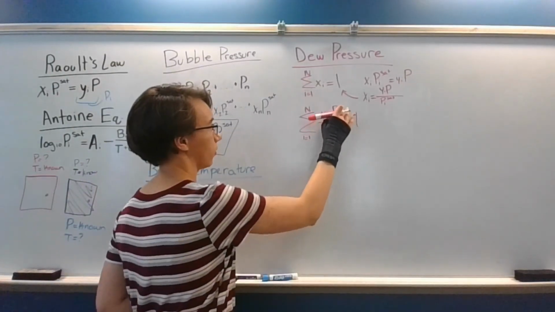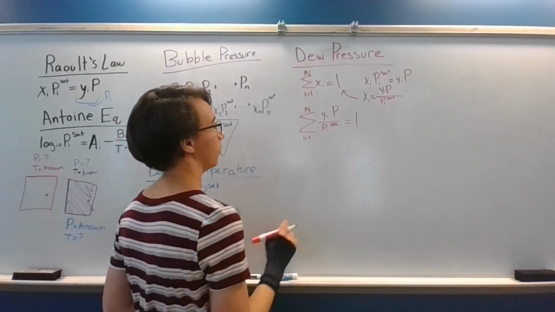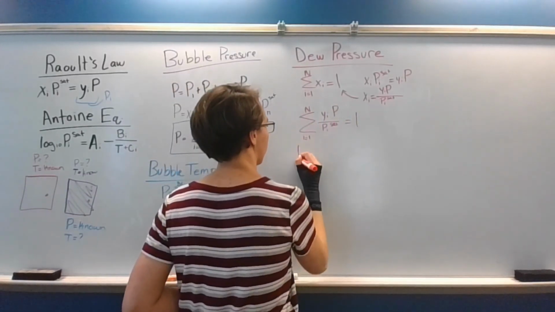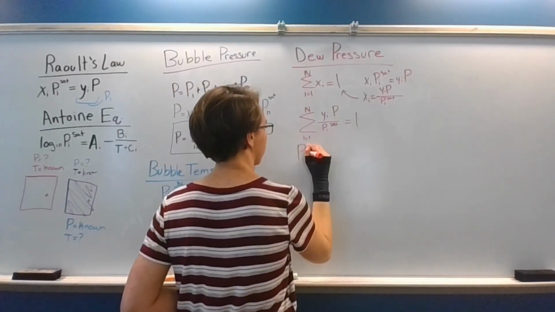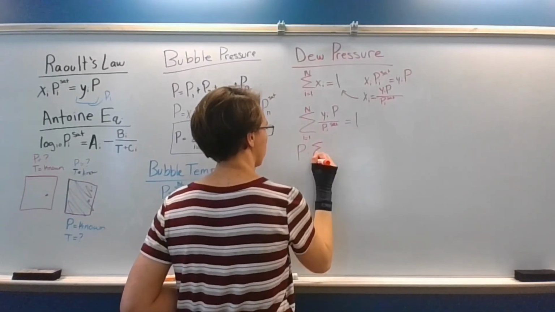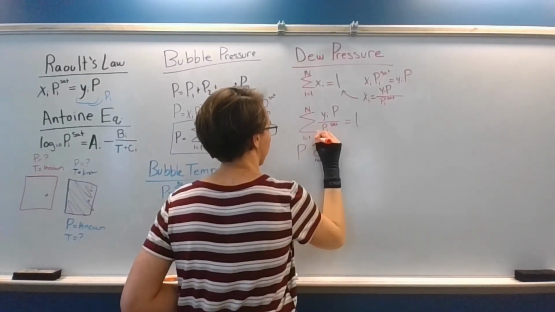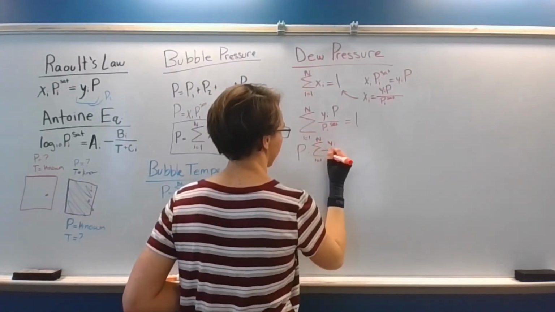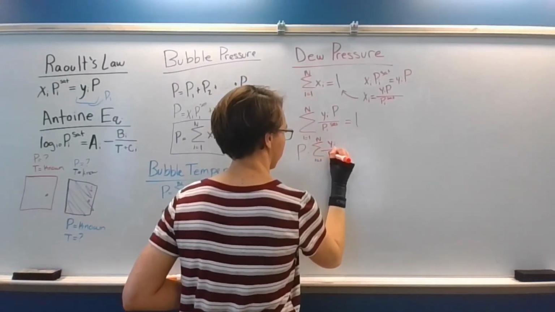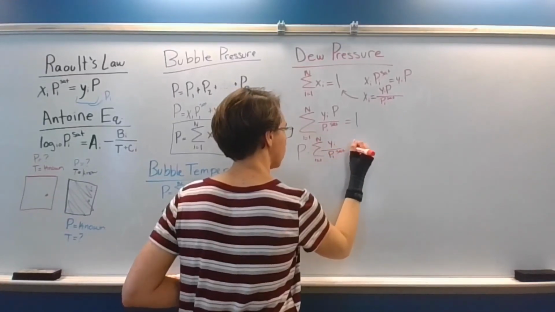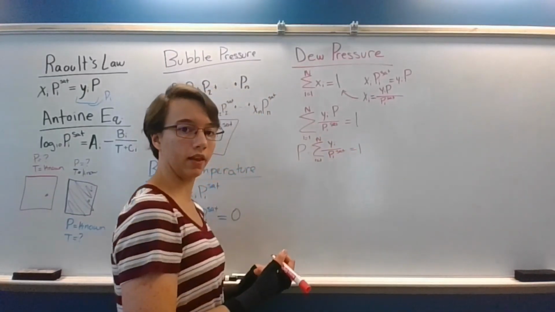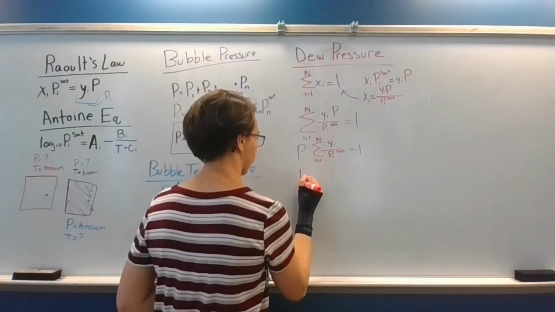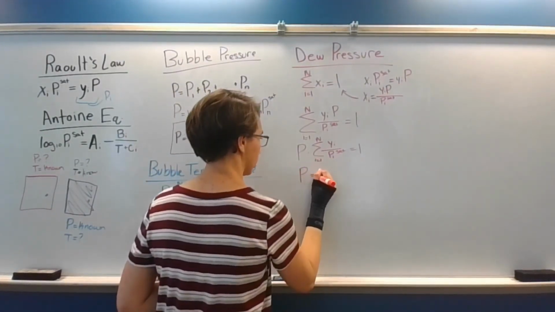You'll notice that the total pressure is going to be the same in every single term that we have, so we can pull it outside of the summation. So we'll have the pressure times the summation from 1 to n of the mole fraction in the vapor phase over the pure component vapor pressure is equal to 1, and then divide across by the summation to get P by itself on one side.